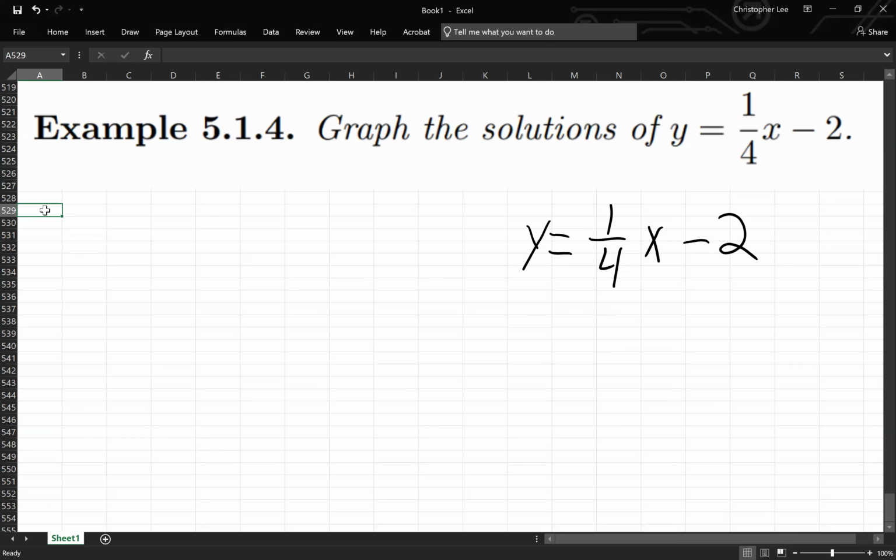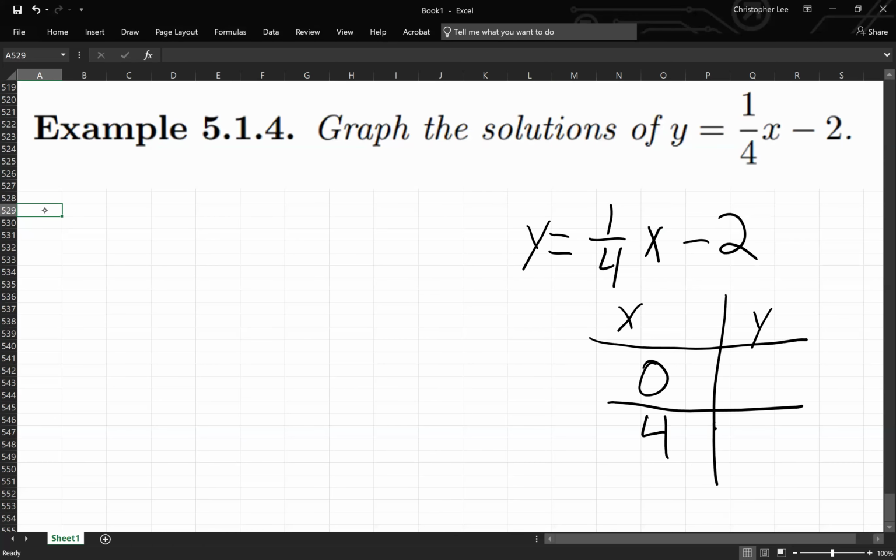I want to find 2 points, right? So we do our table of values. Give me 2 x's. Say it again. 0 and what else?